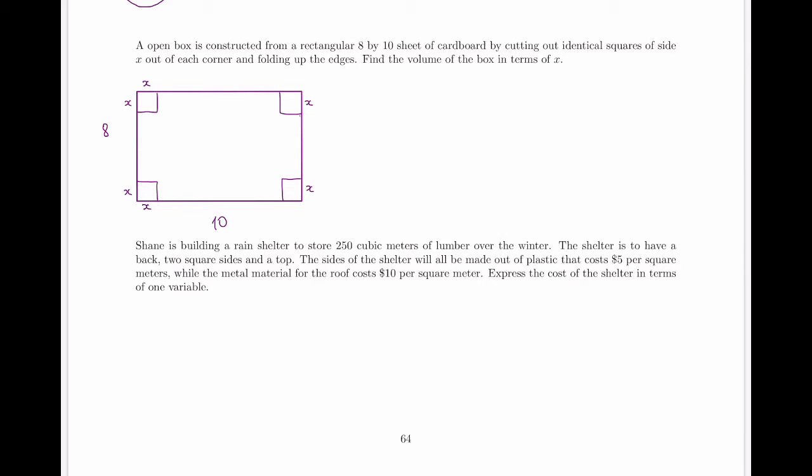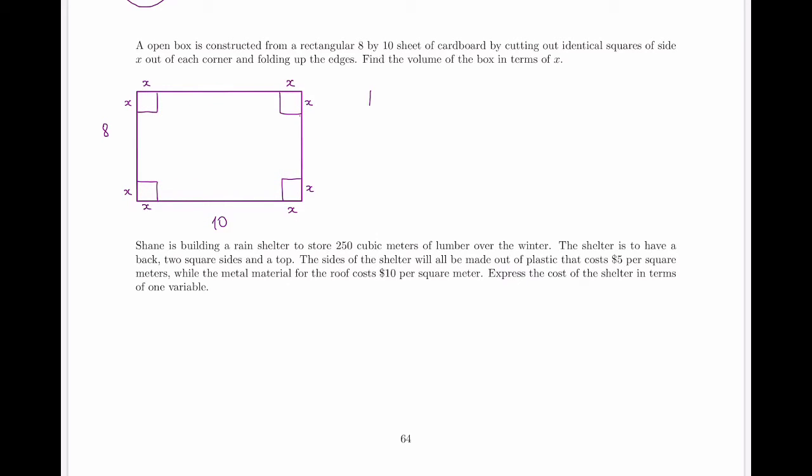Excellent. What I would like you to imagine, and you really have to turn on your three-dimensional imagination, is that I am now folding along these seams. I've cut out these squares, they're not there anymore. I'm folding up along these seams, and I'm folding these sides up to form an actual box.